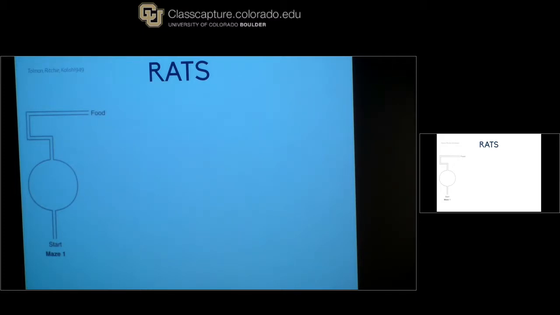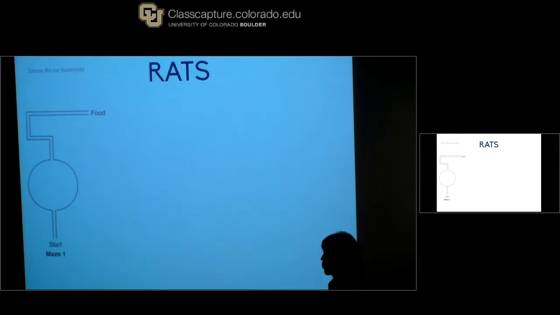So this is what this experiment was about. For the first, I think, 4 or 5 days, rats were put in this maze, which was pretty boring, circular. They would get here, and then they only had one arm to explore.